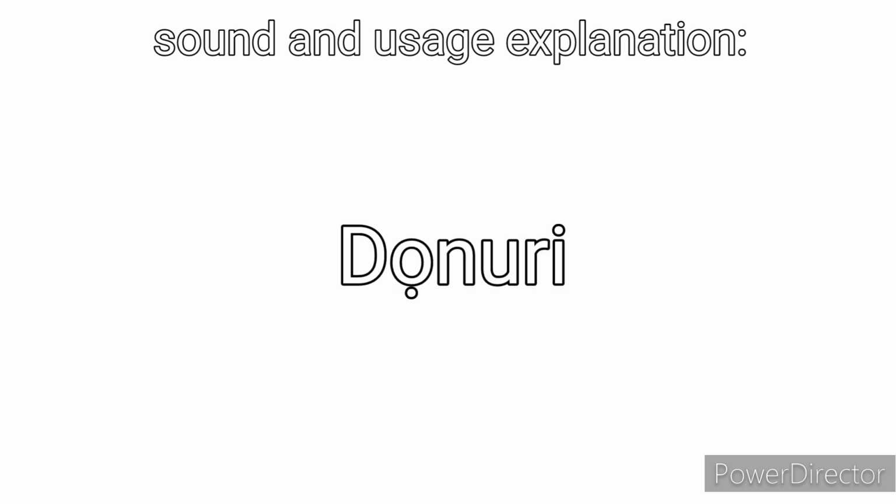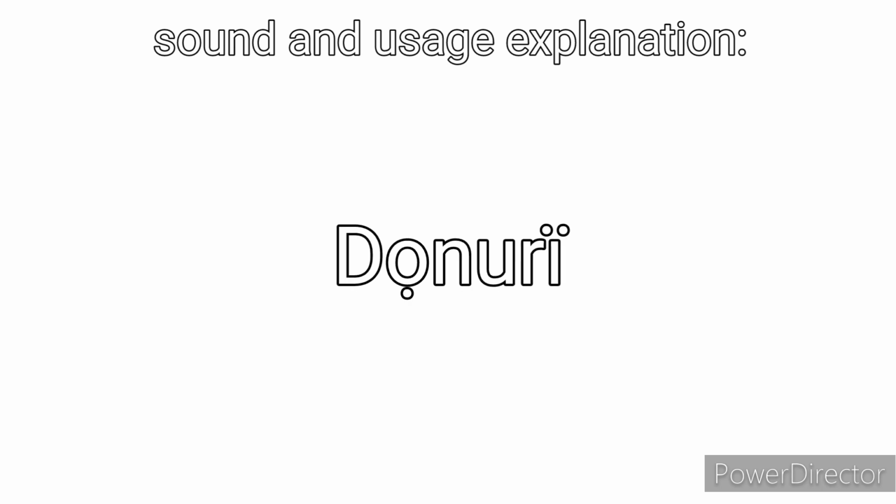Let's take the name of this language as an example. Dọnuri has the quick indicator, which ends with a low tone. So if the next letter makes the I in Dọnuri have the double tone, it will copy the pitch of the quick tone. So now that I applied this change, what was once Dọnuri will now be Dọnuri.